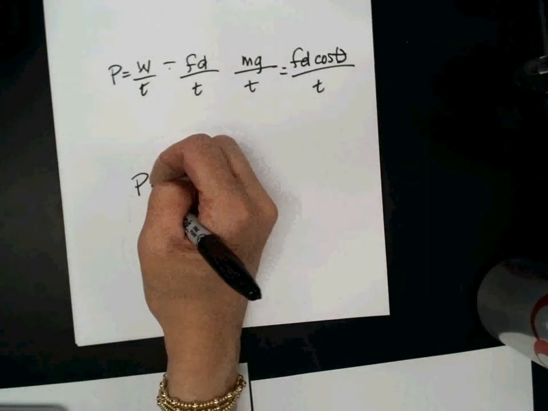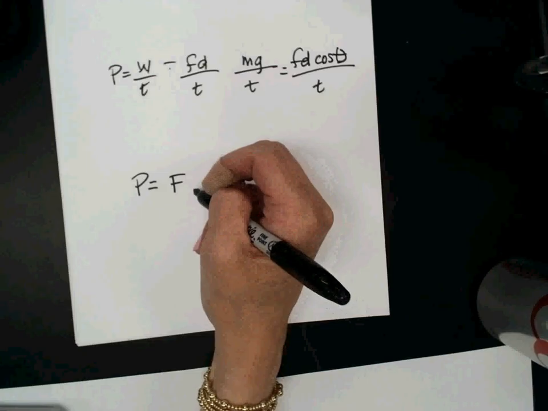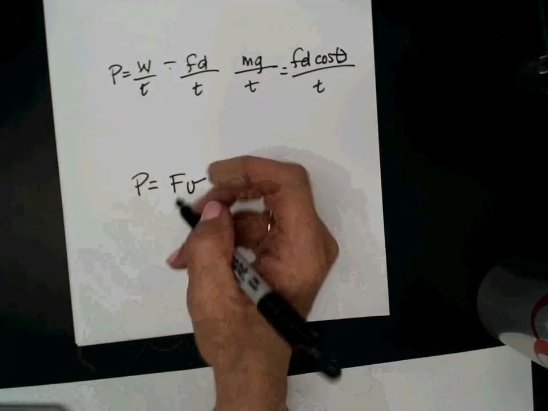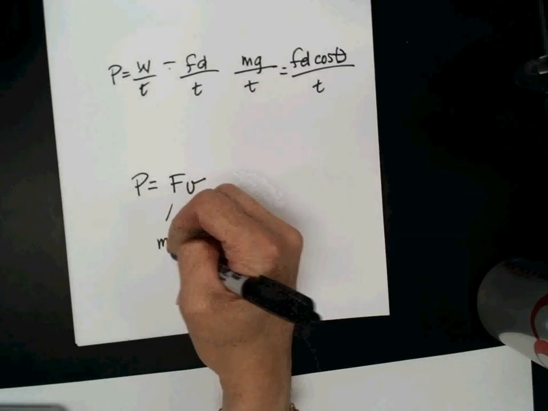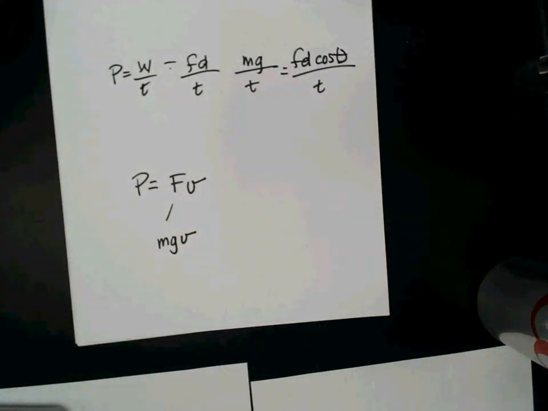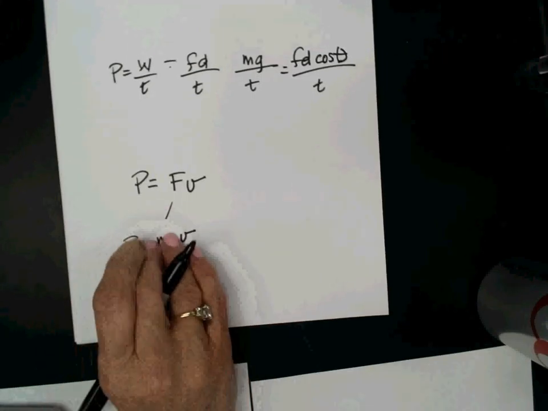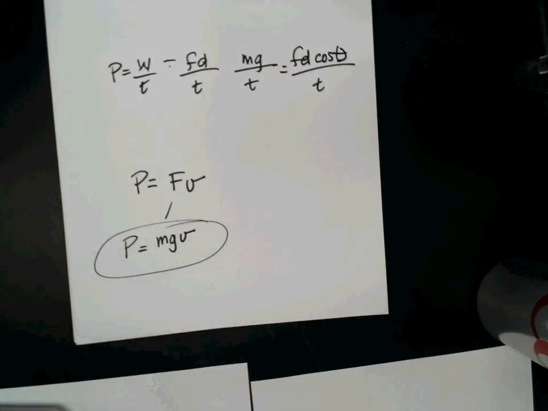Or sometimes power can simply be set equal to the force applied times the velocity at which the object is moving. So this might be mgv. And you have a problem on that handout where you'll actually have to use that one. So we're looking at work per time interval.